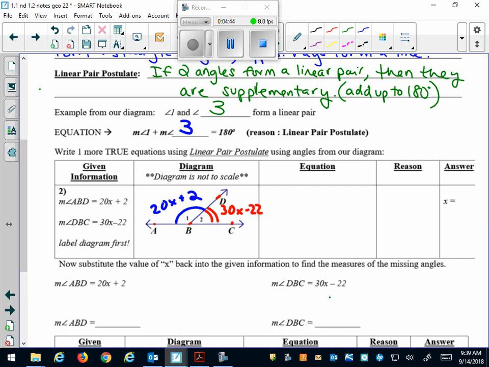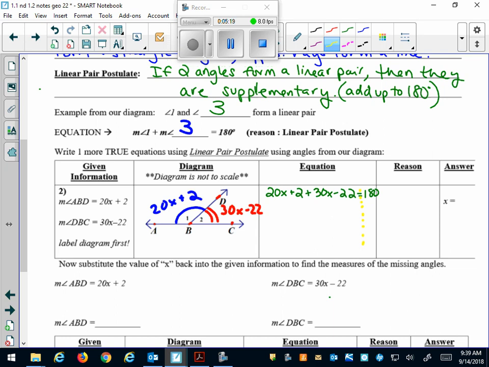Perfect. This angle now, angle 1, 20x plus 2, plus this other angle, angle 2, 30x minus 22, forms a linear pair, so we know they have to add up to 180. Now we're just going to solve for x. Again, this is our equal sign.